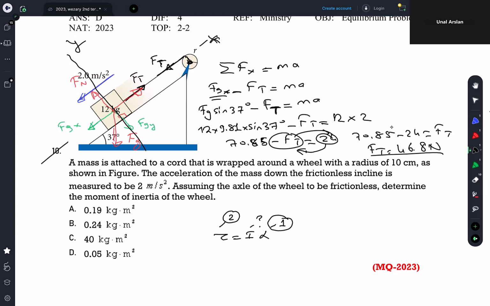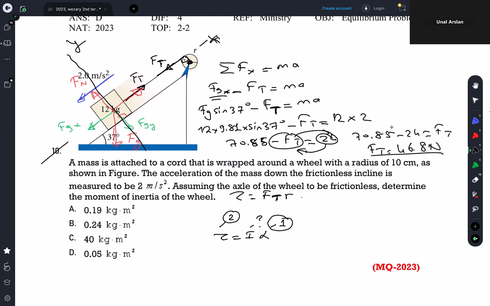This is the center of the pulley, the axis of rotation. The tension force is acting tangent to the disk, so that's why the angle is 90 degrees. So torque is going to be Ft times the distance from where the force acts to the axis of rotation, which is the radius of the disk.